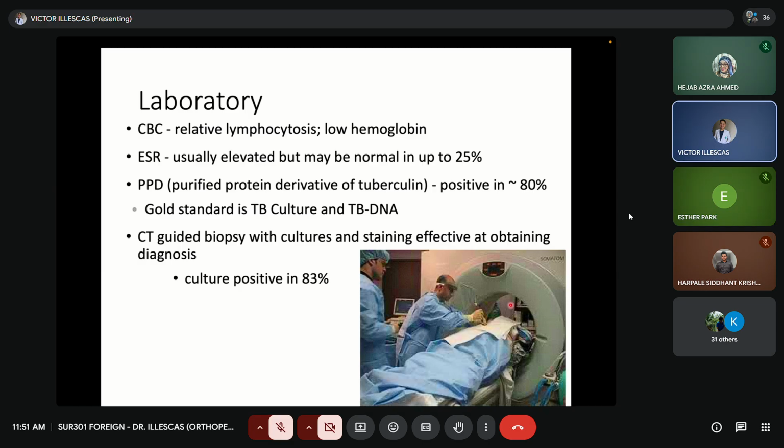Okay? If it is, then you proceed with anti-Koch medication, and you also indicate the patient for surgery to correct the deformity and decompress that bacteria that is producing purulent infection over the spine.